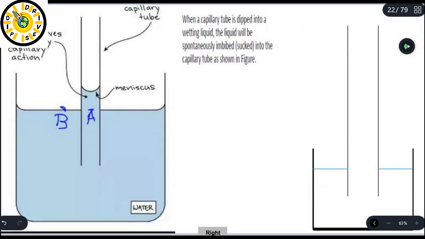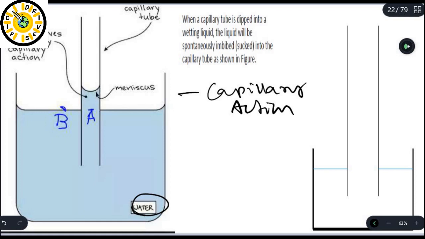So see, this is the meniscus, ठीक है, and this is the water up to which it is rising due to the capillary action. The water moves upward by the capillary action. ये जो height rise कर रहा है in case of the meniscus, that is equivalent to the size of pore size for porous formation.